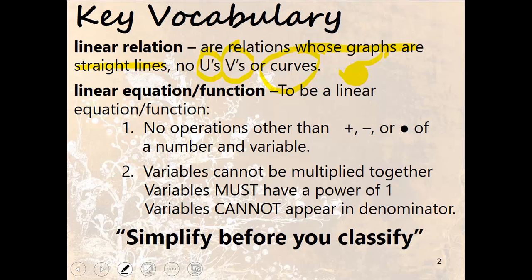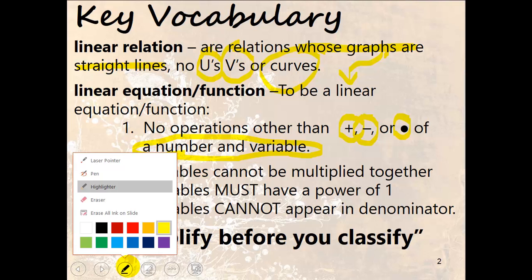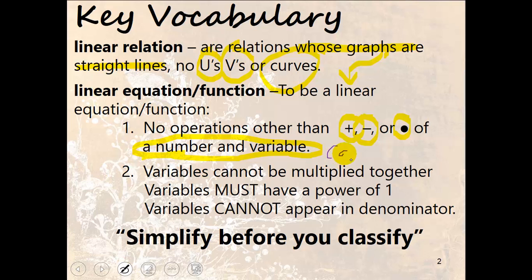a function, you can only have operations of addition, subtraction, or multiplication of a number and a variable. Okay? You cannot divide by a variable. You can divide by a number, but you cannot divide by a variable. Then it's not linear.